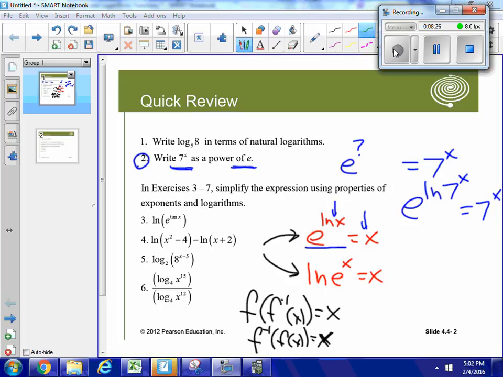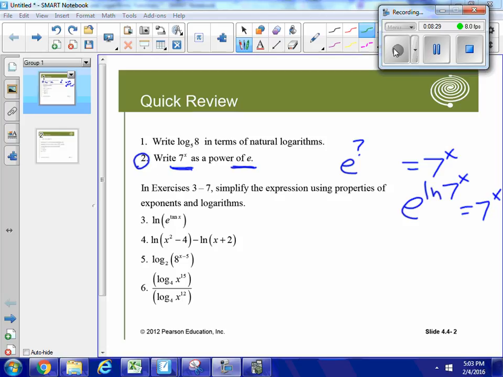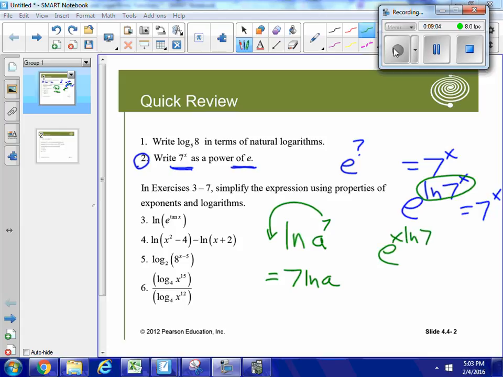One of the properties of logarithms is called the power property. So if I have ln of a to the 7th, for example, I'm allowed to move this power to the front of the logarithm. So ln of a to the 7th is the same thing as 7 ln a. Well, in this case, I'm looking at my exponent here. I have a power of x, so I can rewrite this as e to the x ln 7. And that is the answer for number 2.